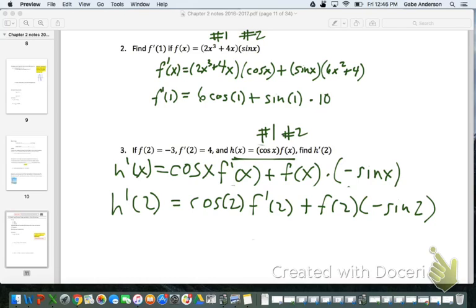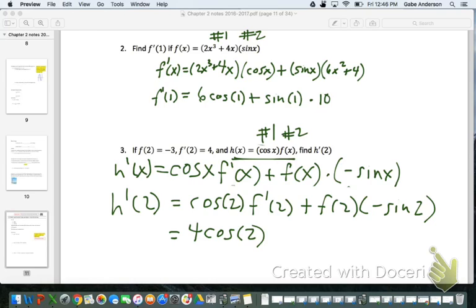Can we do anything else with this? Are we done? Can we do one more little thing? Let's say I don't have a calculator. Do I know what cosine of 2 is? Or sine of 2? No, I don't. But what's f prime of 2? Yeah, we're told that in the beginning. It's 4. So I think we could write equals 4 cosine of 2. And then what's f of 2?